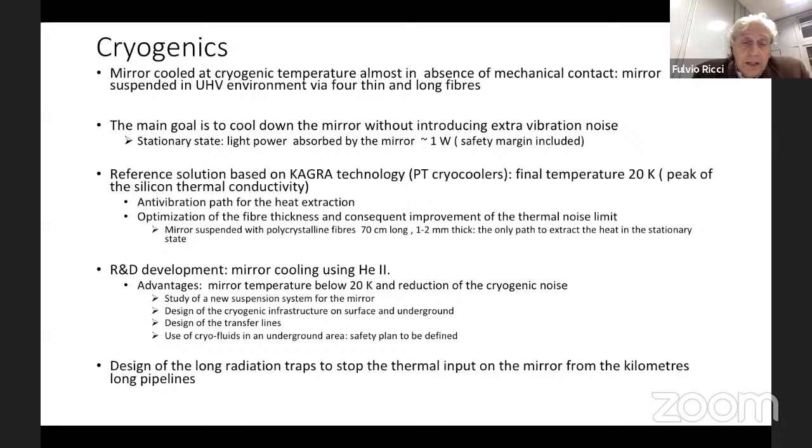The first main advantage is the fact that potentially we have much more refrigeration power available, so we can cool down the mirror at lower temperature. But the second important aspect is the fact that this system can be designed in such a way not to generate any vibration.